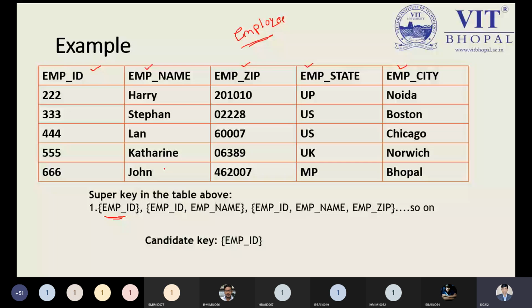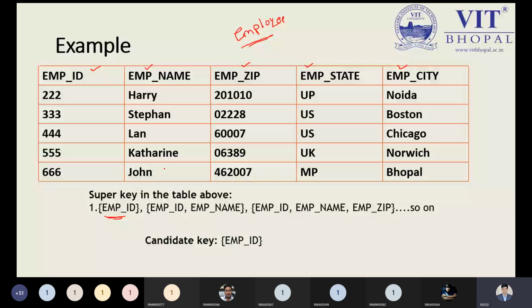If you want to justify it, you have to take an attribute which provides uniqueness. But if we choose employee state, UP and US, for example, US is coming two times, so with this value we can't distinguish it. So this is the point.